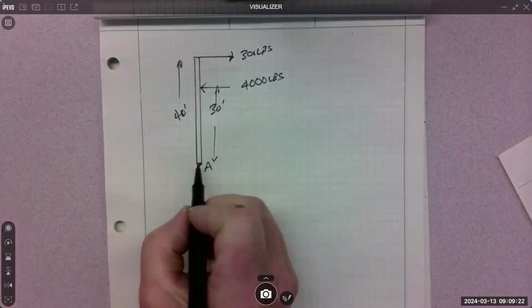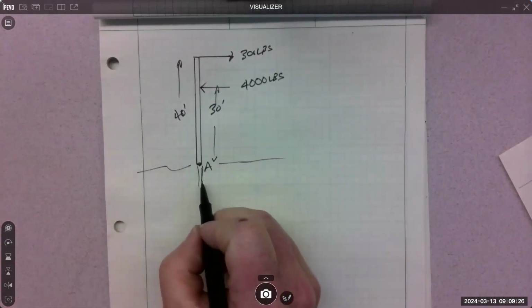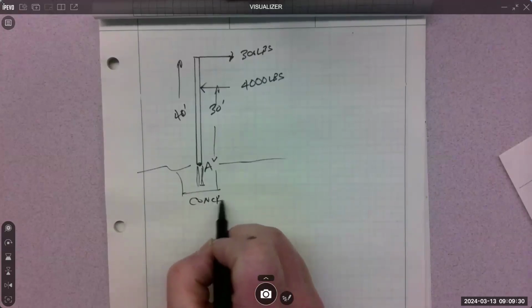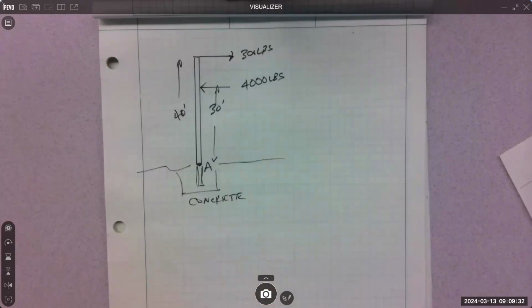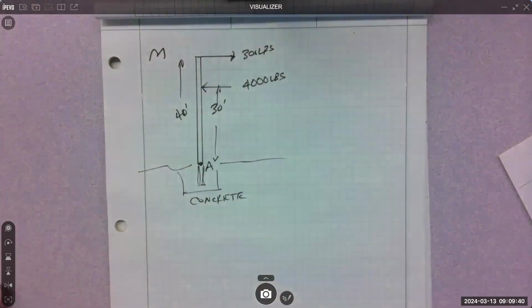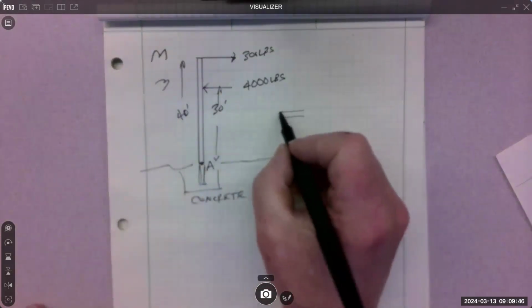And it says, oh, it actually goes into the ground, right? It's buried. There's concrete. Get enough on there so you're distracted from the real problem. Birds flying. Planes flying.